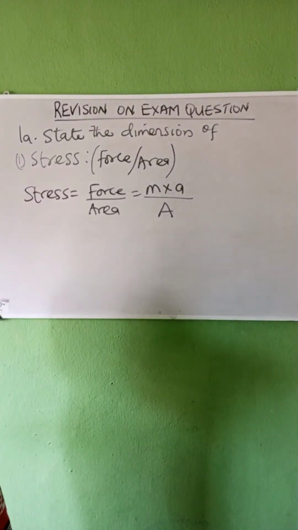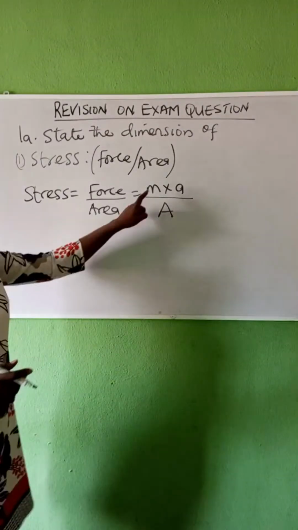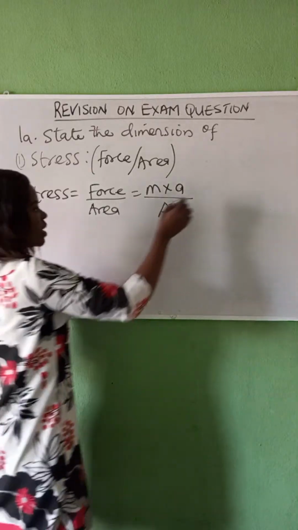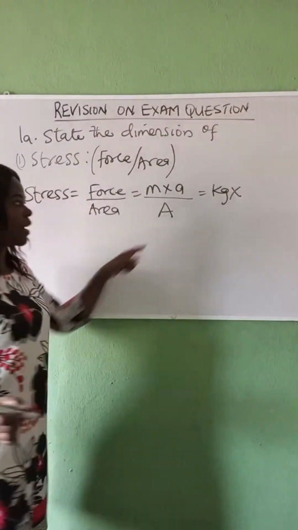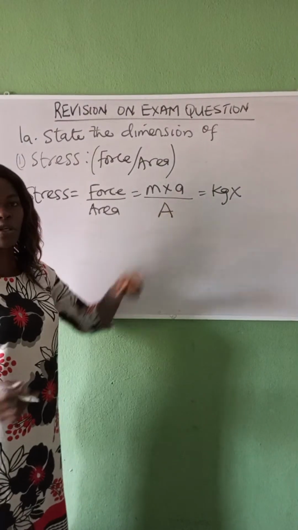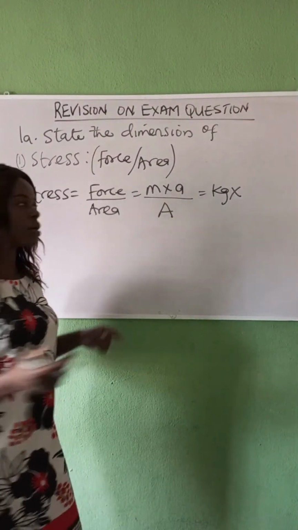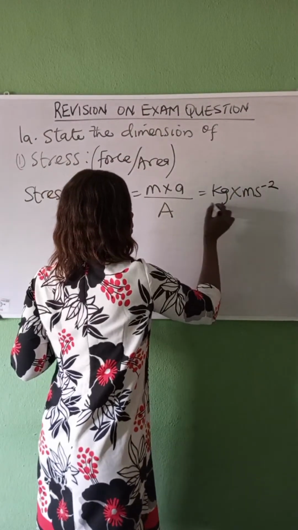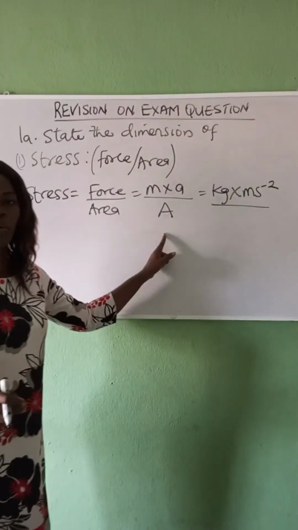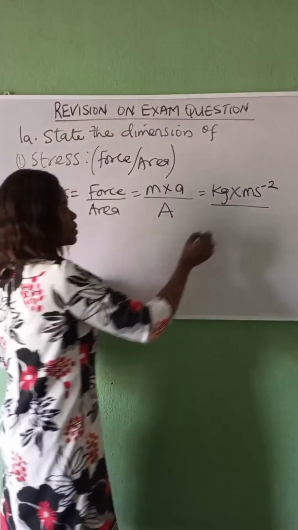Now the next thing: what's the unit of mass? Unit of mass is kilogram, multiplied by, what's the unit of acceleration? Unit of acceleration is meter per second square. What's the unit of area? Unit of area is meter square, right?